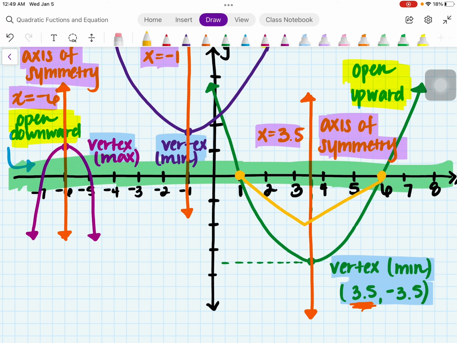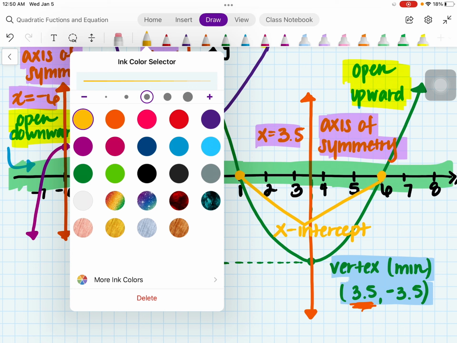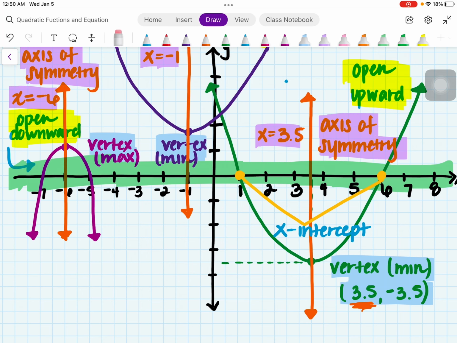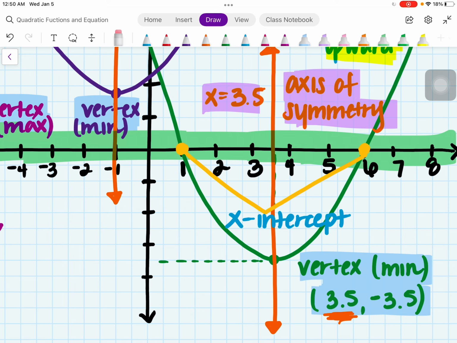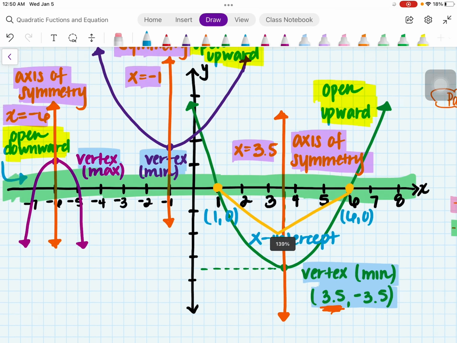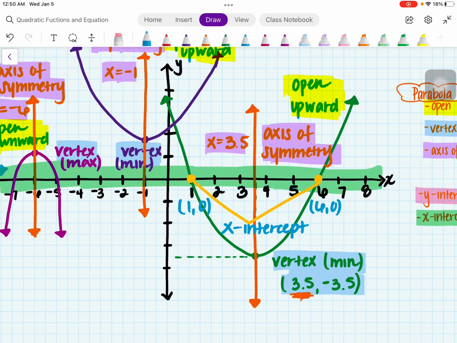So let me draw a line and label it x-intercept. If I want to identify the x-intercepts, they would be the points (1, 0) and (6, 0). So those two are x-intercepts, and those are in green.